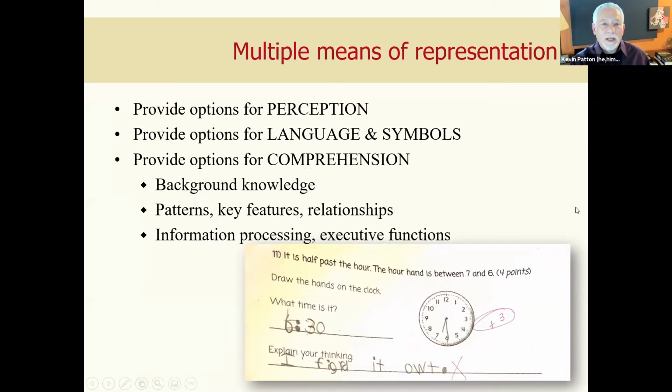So the next point is to provide options for comprehension. Now, this worksheet that you see pictured here is a first grade assignment completed by a neurotypical, rather bright first grader. He's a son of a friend of mine. Now, looking at that direction in the worksheet that says, explain your thinking, maybe that's not a very direct or very clear message about what's expected of the student.